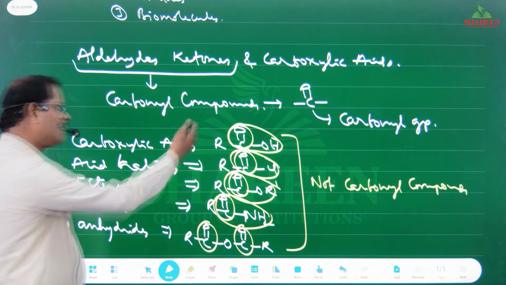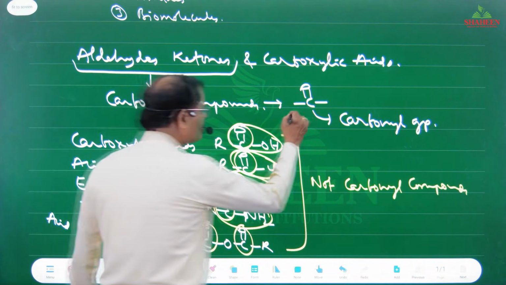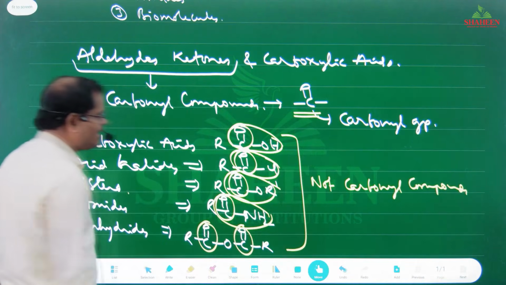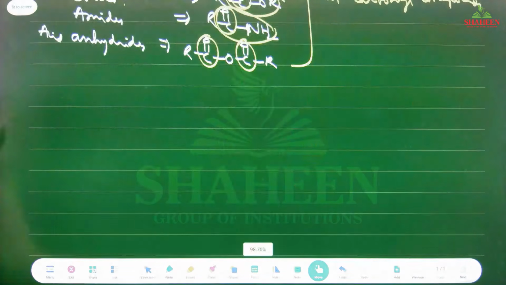That is why they are not carbonyl compounds. Only aldehydes and ketones with a carbonyl group are treated as carbonyl compounds.